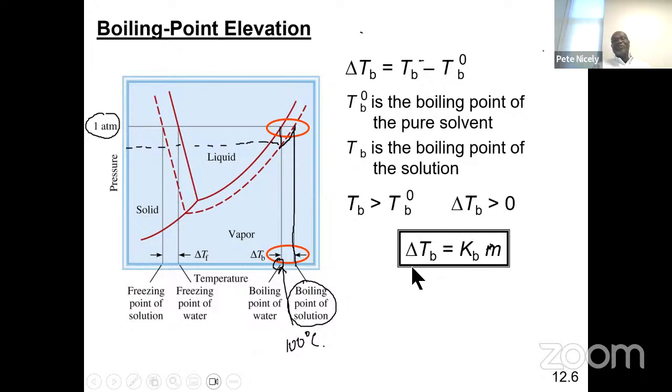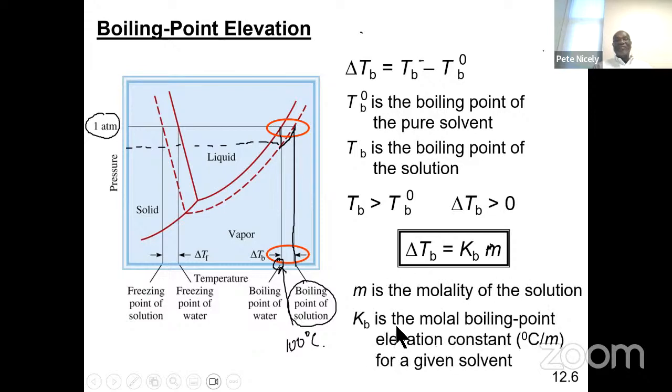So that's the equation which relates delta TB to the molality, and the constant of proportionality will be given by KB, all right? So m is the molality of the solution, and KB is known as the molar boiling point elevation constant, and the units for that is degrees Celsius divided by m. And this is a value that is related to the solvent, not the solute.